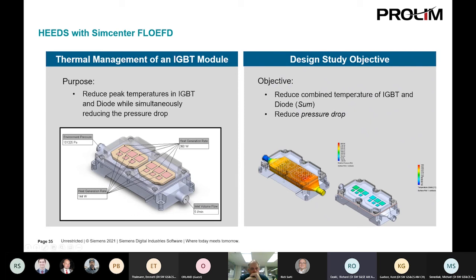So we want to reduce the temperature of these IGBT chips. These are silicon or silicon carbide, but we also want to reduce the pressure drop. So these are actually two competing goals that we're trying to find an optimum for. We want the fluid to get through there with as little reduction in pressure as possible. You don't want the water to fight through lots of fins, but we also want to keep the chips as cool as possible.